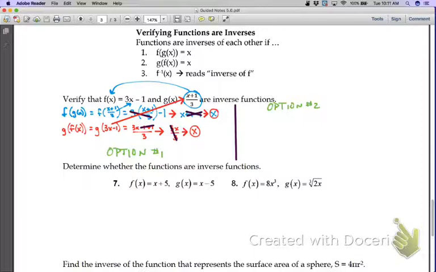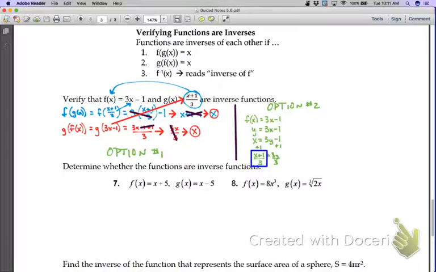So if I have f of x equal to 3x minus 1, just like what we did yesterday, I'm going to go y equals 3x minus 1, switch the x and the y value, and solve for y. Add 1: x plus 1 equals 3y. Divide by 3. So is y equal to, is that g right here?